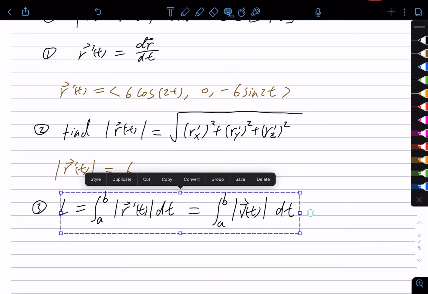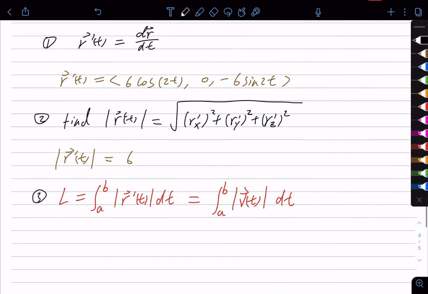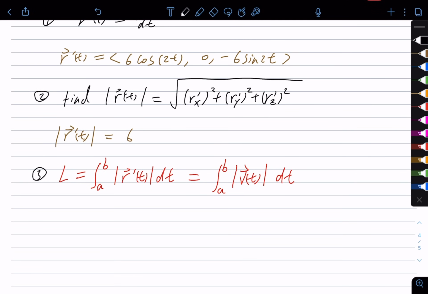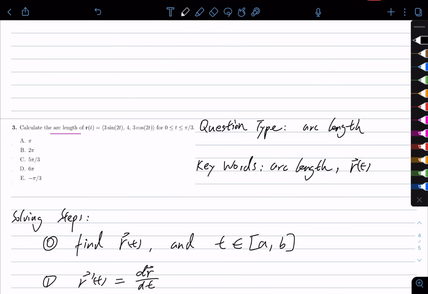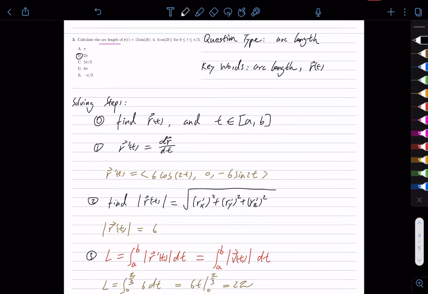I'm going to label this in red because this is an equation that we're going to use very often, and the length of curve is just going to be, again, example specific, L equals integral from 0 to pi over 3 of 6 dt, equals 6t from 0 to pi over 3, equals 2 pi. Right, so let's go ahead and take a look at the answer. The answer choice is B, bravo. And that's how you solve an arc length problem.